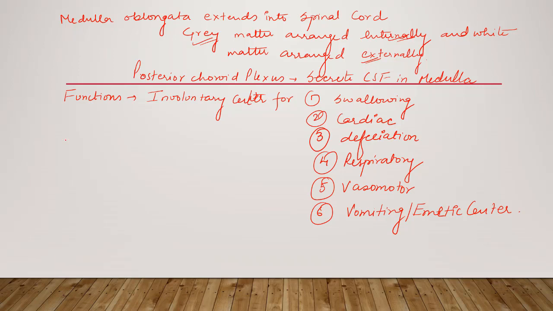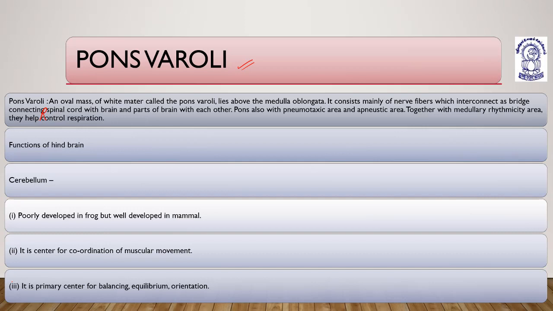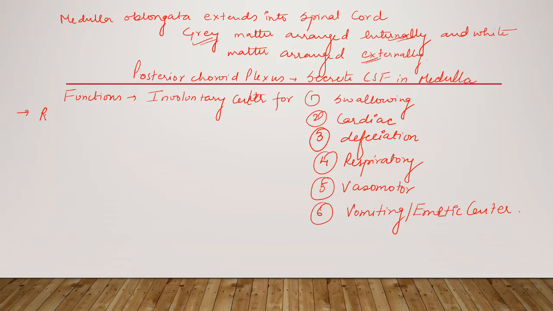Medulla oblongata also helps to control the RAS, that is the reticular activating system. It is considered a gatekeeper of consciousness.